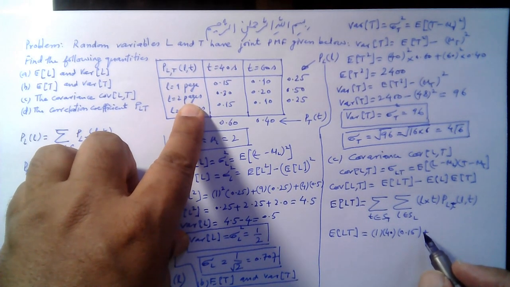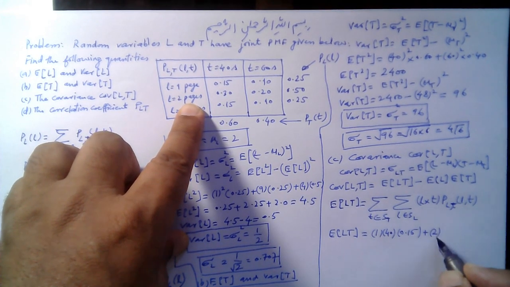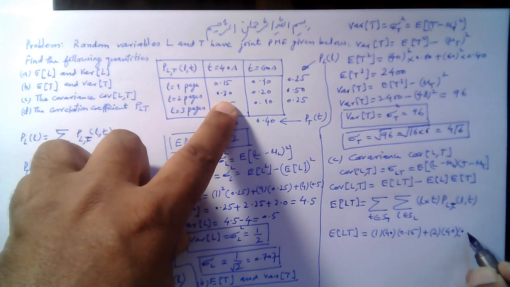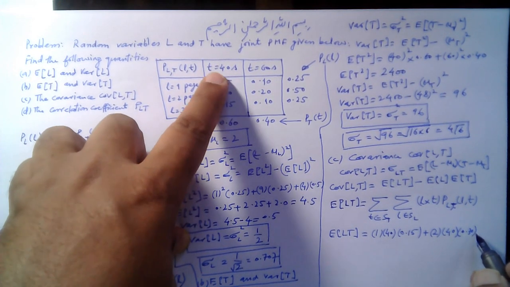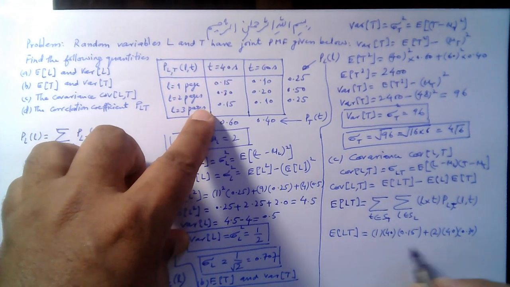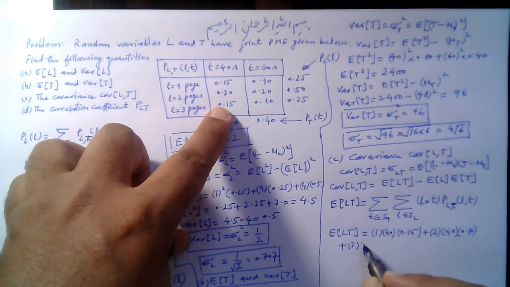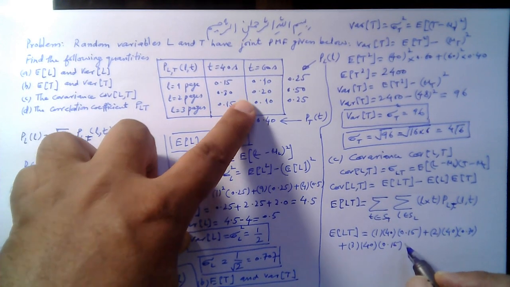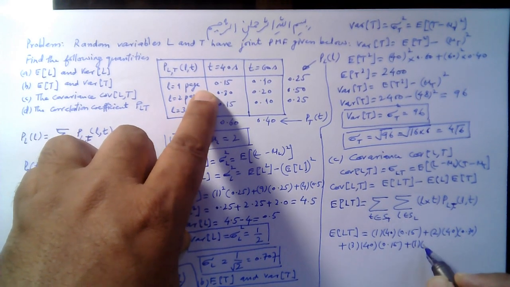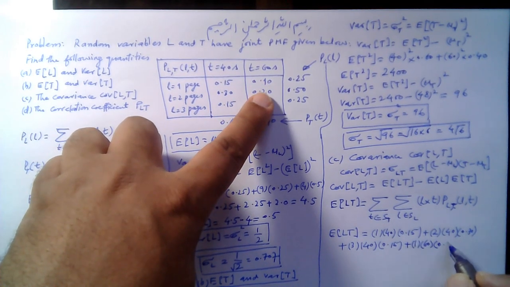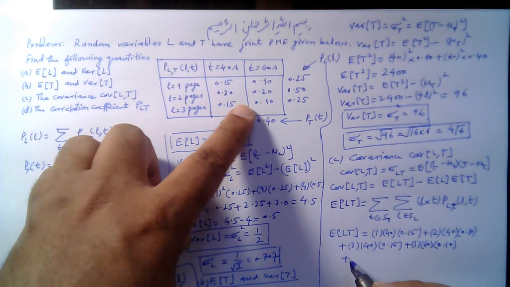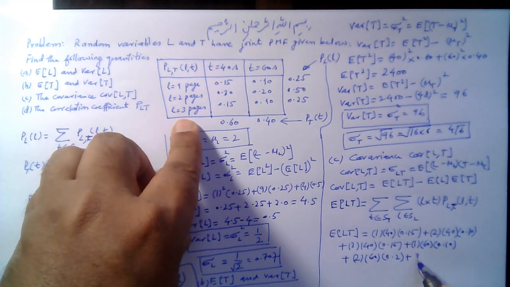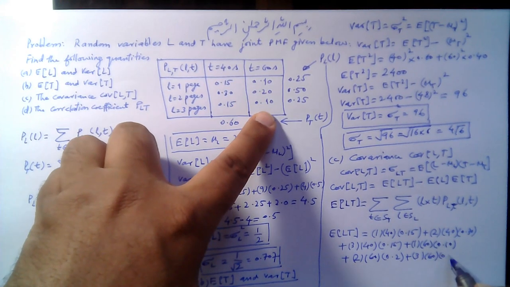Then we have here 2, right, and the corresponding value of 40 here, and then this is the corresponding value of probability here, 0.30 for this pair of random variables L and T, right, plus 3 into 40 and the corresponding value 0.15, plus we have 1 into 60 and this value 0.10, plus 2 into 60 and corresponding value 0.20, plus 3 into 60 into 0.10, right?